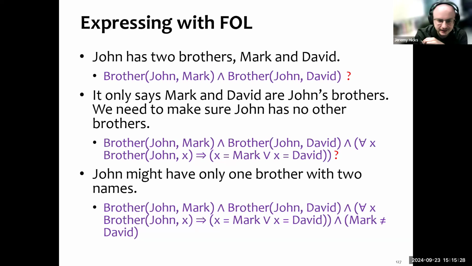That was the whole thing I had for my second one. I'm trying to figure out what that would actually mean. The only thing I can think of is that if John had a brother, it would turn out they are named Mark or David, but it doesn't actually say that he has a brother if I just have that line.